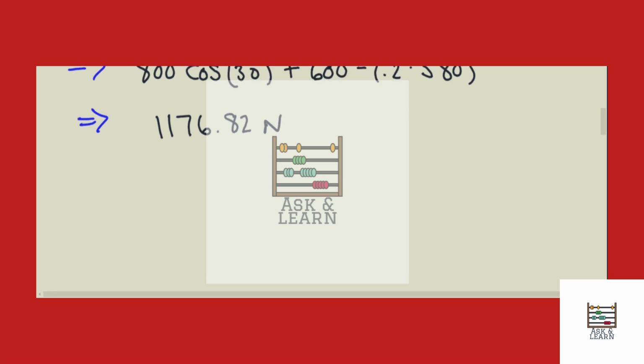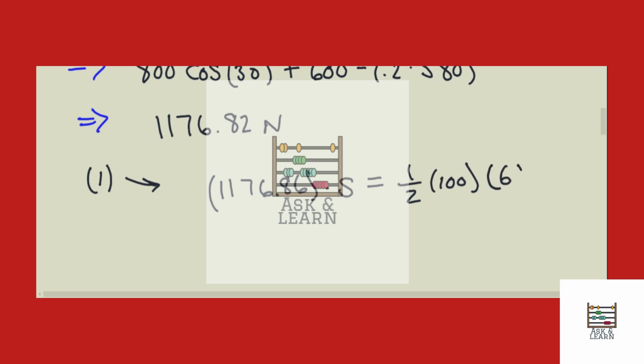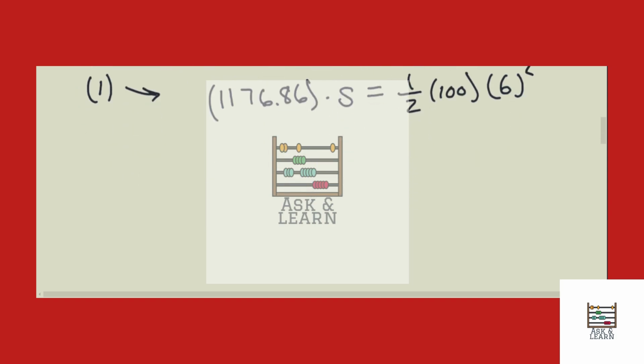Finally, we can plug this into equation 1. We have this force in the x direction times the distance traveled s equal to 1/2 times m, which is 100, times v2, which is 6, squared. Plugging in those numbers and solving for s, we get the distance traveled by this crate is 1.52 meters.